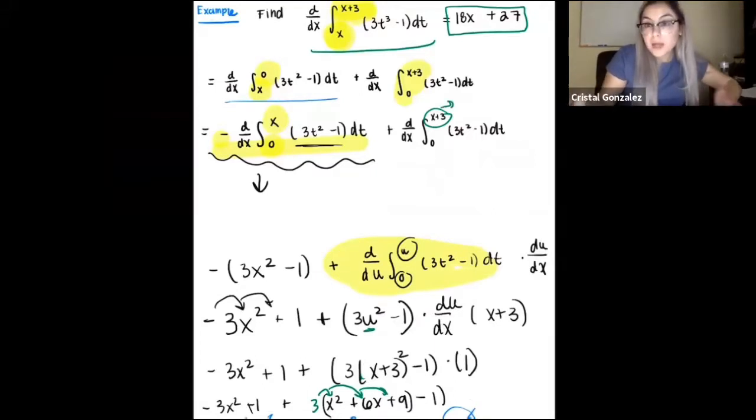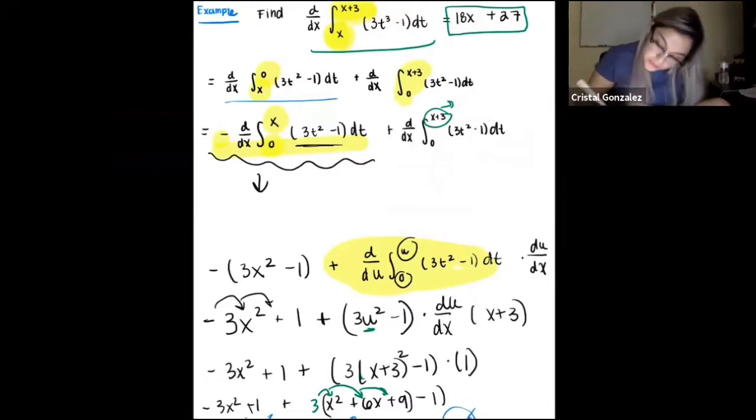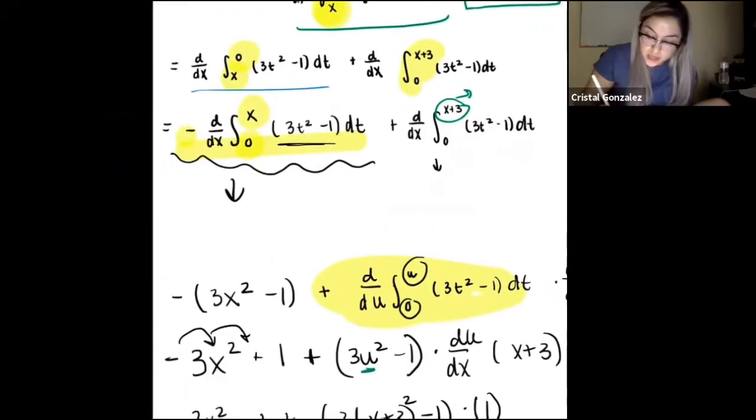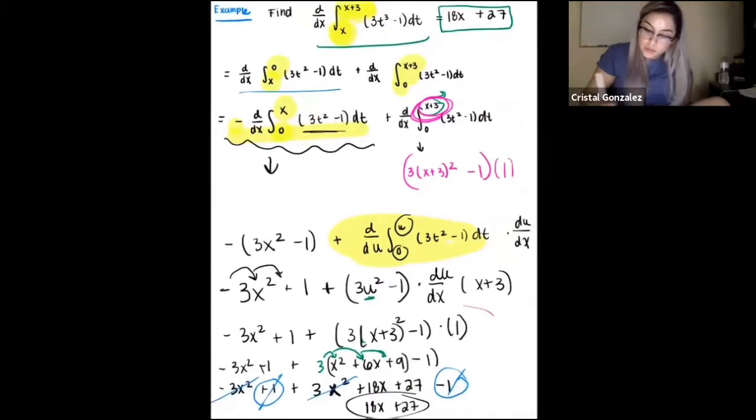So if we apply that process for when we have something that's not just x, we could have written 3 times x plus 3 all squared minus 1, and then times the derivative of this function here, which is just 1, which is exactly what we got over here.